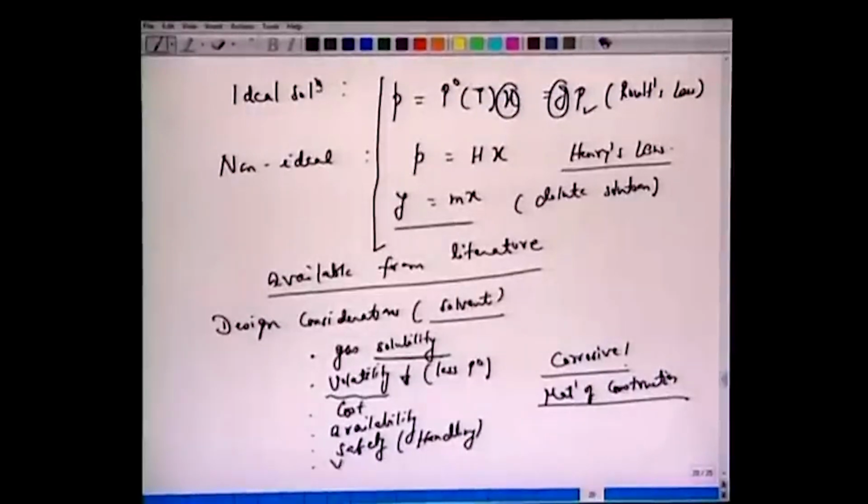Viscosity also plays a major role, because it's a question of transport in the pipeline. So these are some of the design considerations one has to keep in mind when choosing a certain type of solvent. Well, that's not the orientation of this course.